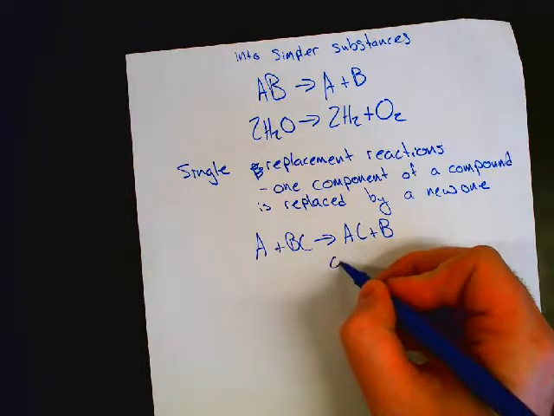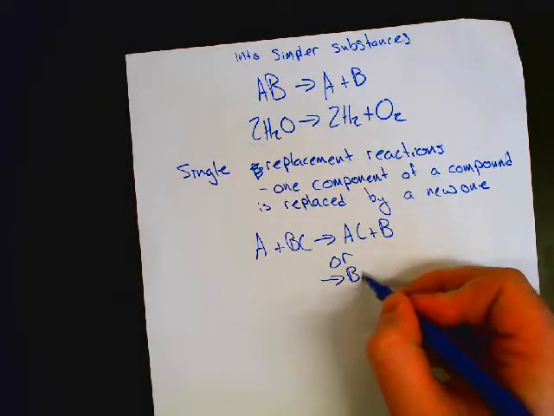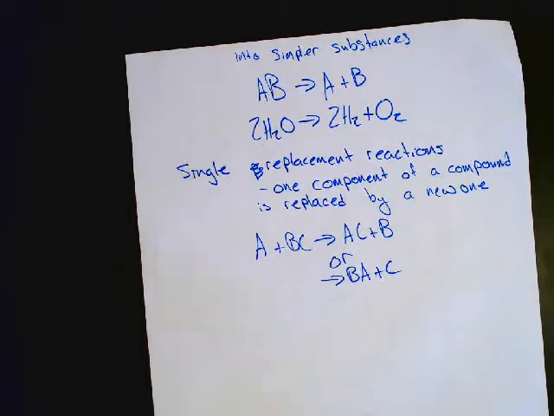So it could also do BA plus C. So depending on what A was, it could replace either B or it could replace C for different reactions.